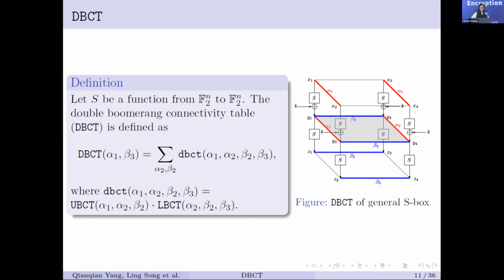DBCT(alpha1, beta3) is equal to the sum of the lower DBCT(alpha1, alpha2, beta2, beta3), where the lower DBCT is equal to the UBCT times the UBCT for the first S box and times the LBCT for the second S box.